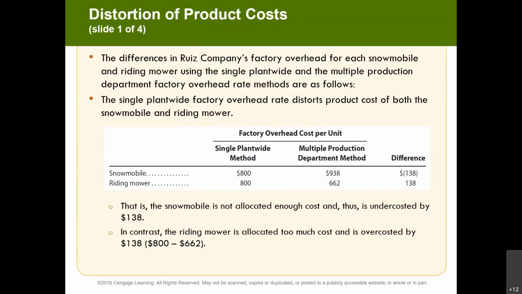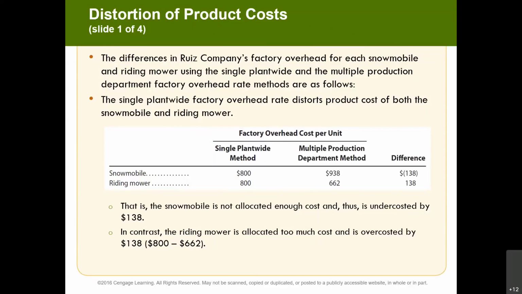So now that we talked about the department level, we also need to explore this concept called the distortion of product costs. Because as you would imagine, with the word distortion, it represents the differences between the methods. That's what the term distortion means in accounting. It means difference.